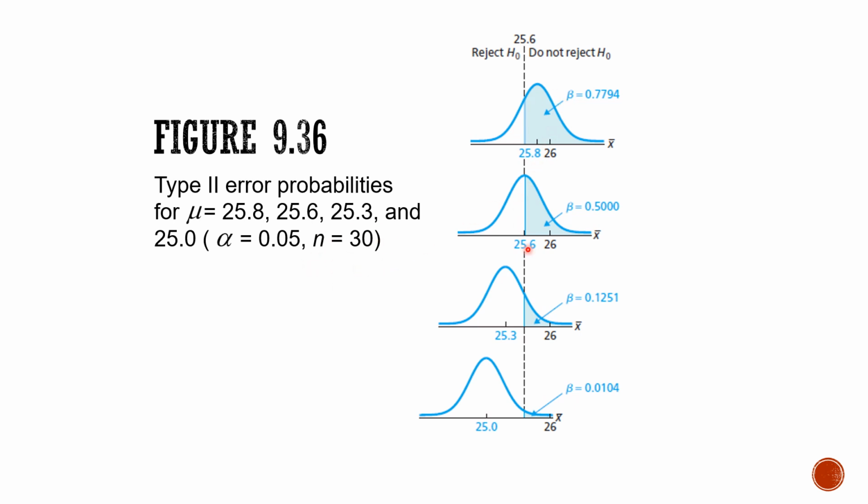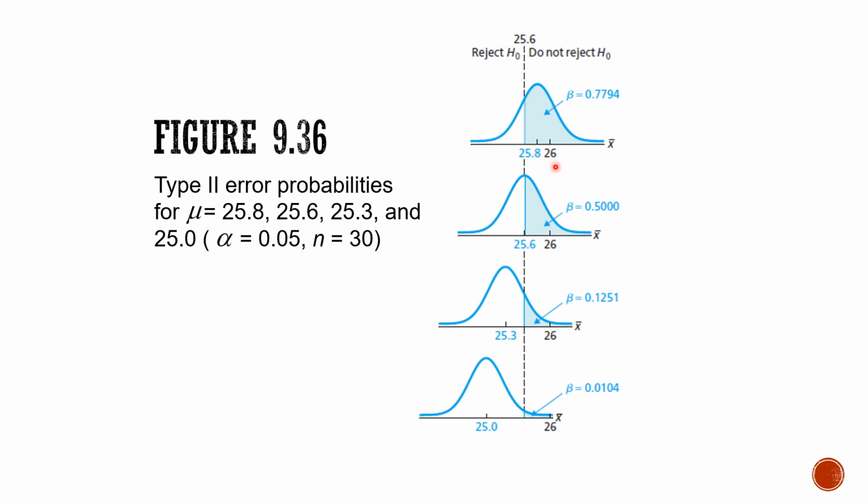And let's just go through these four diagrams. You see over here in the first diagram, all right, 26 was shifted to the right of where it was originally. Remember, for the hypothesis test, 26 was at the center.